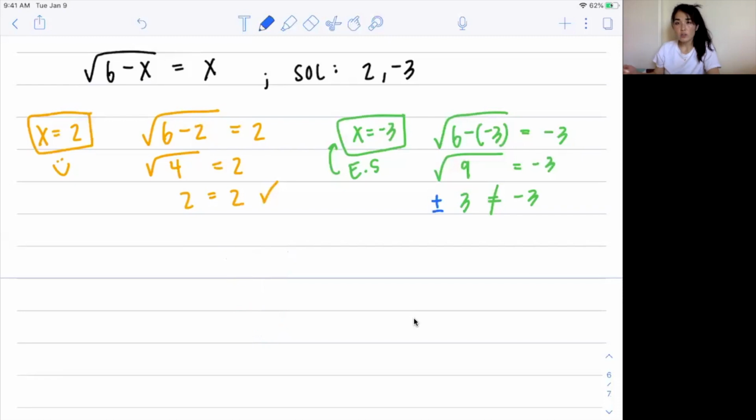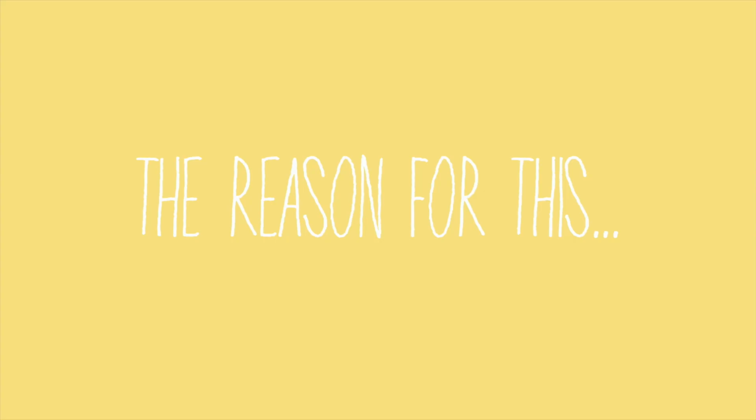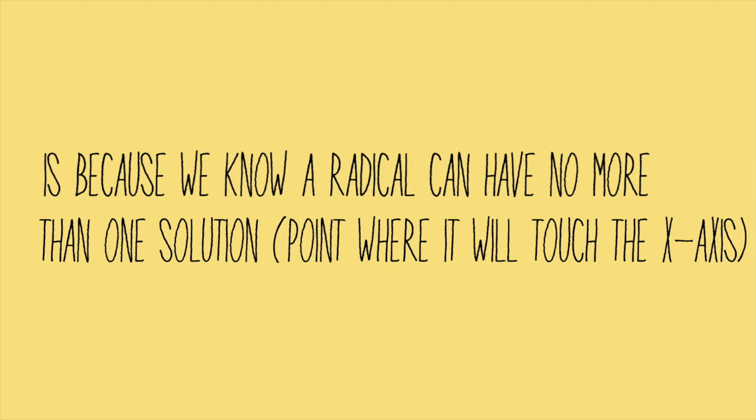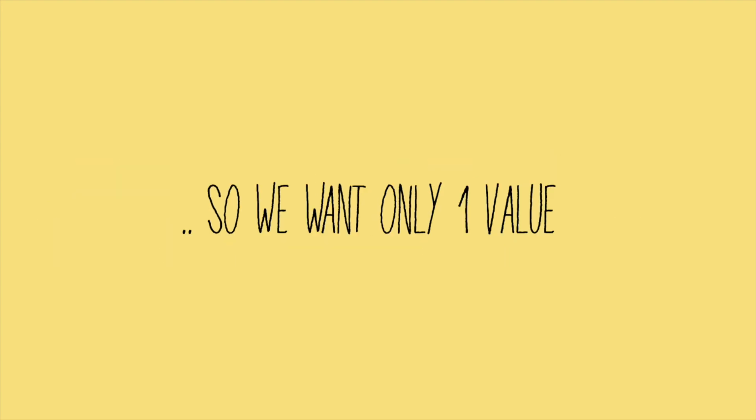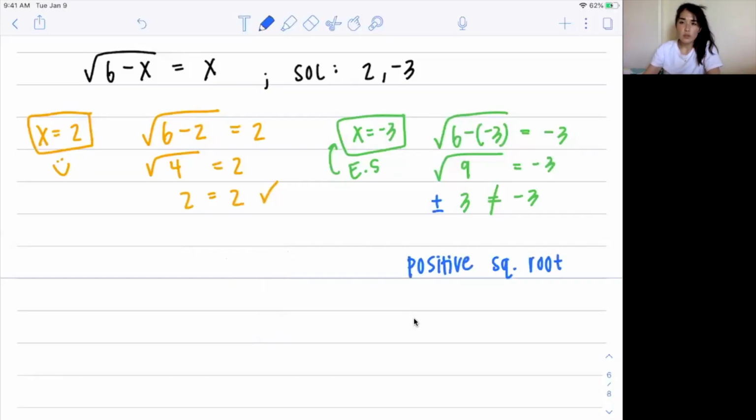What I want you guys to actually remember here is that when you are taking the square root here, unless noted, you only want to be taking the positive. So take the positive square root. The reason for that is when we're solving a problem like that, we want to use what's called the principal square root, and that's always going to be the positive value.